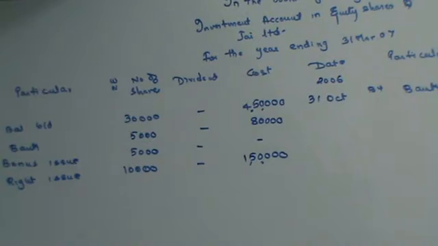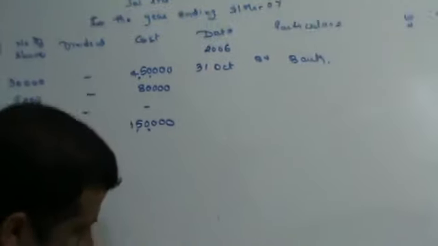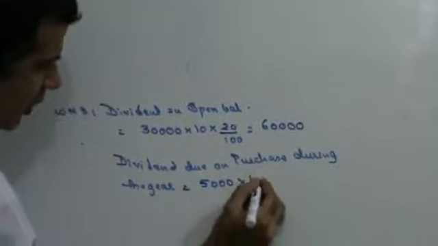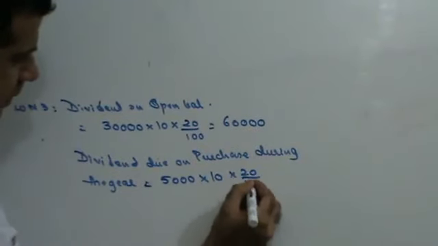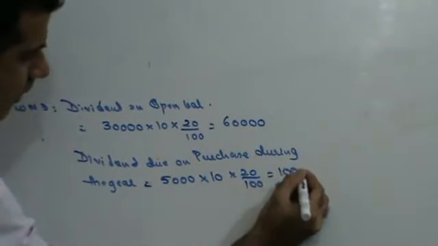So on bonus shares and rights issue in the current year, financial year 2006-2007, you will not be getting dividend. You will be calculating dividend only on the purchases made during the year. During the year you have made a purchase of only 5,000. Each share is of 10 rupees. Dividend is 20%. Someone please help: 10,000.